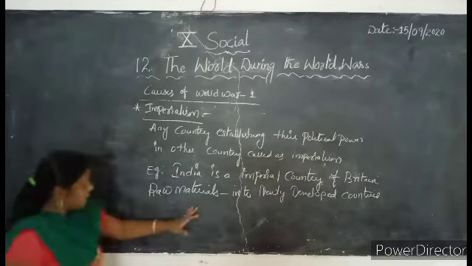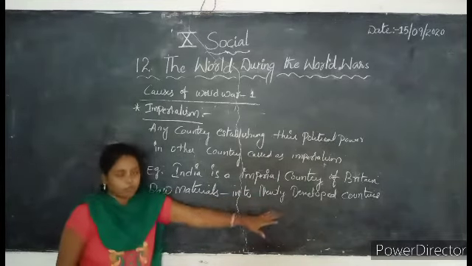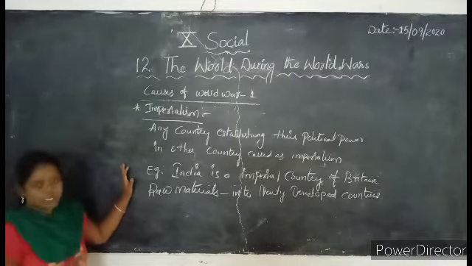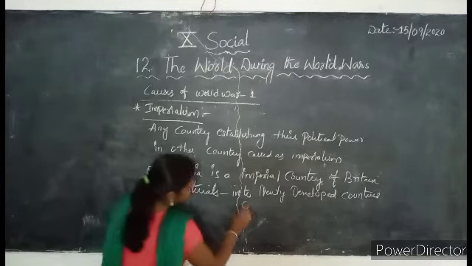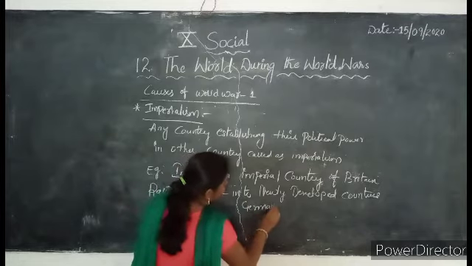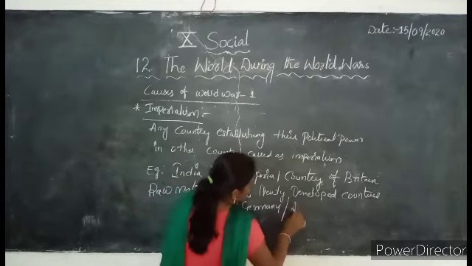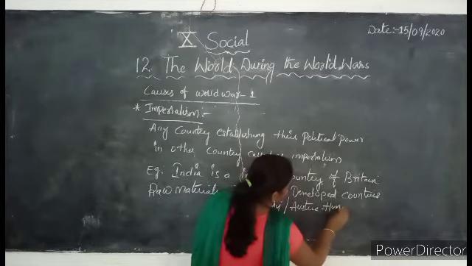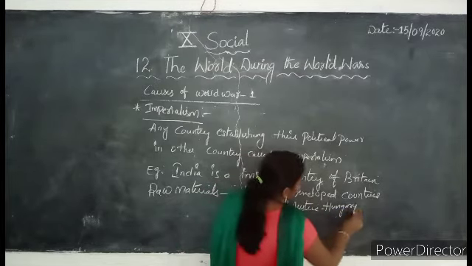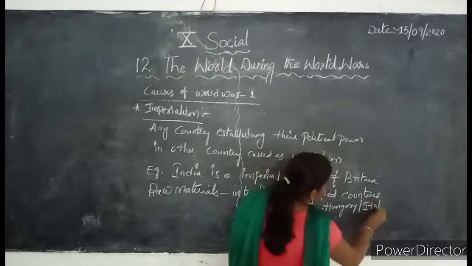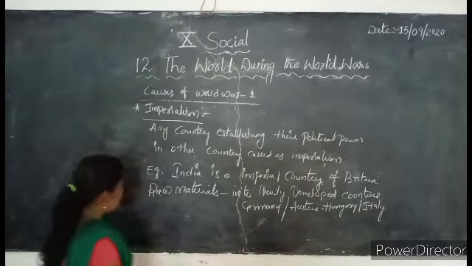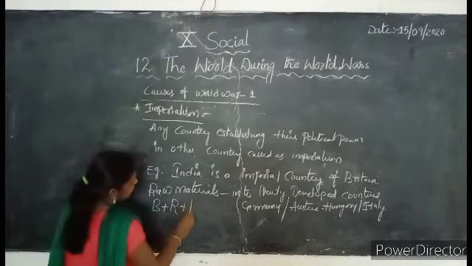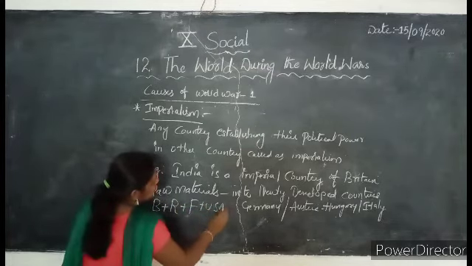So they are developed, but they are very newly developed. Already we have discussed the newly developing countries like Germany, Austria-Hungary, Italy. So here the developed nations we can say are Britain, Russia, France and USA.